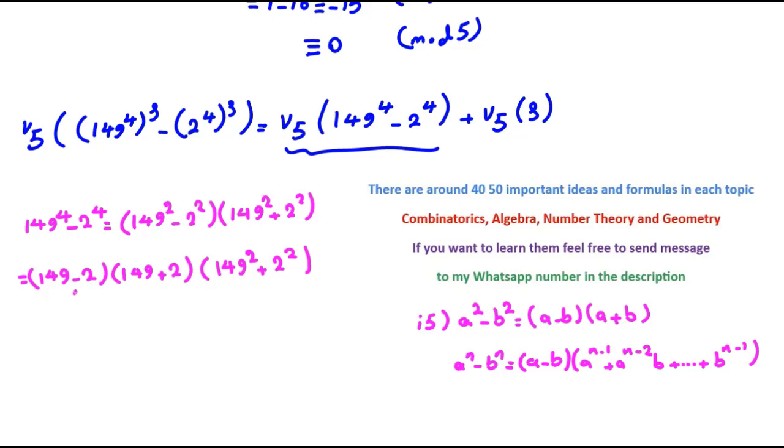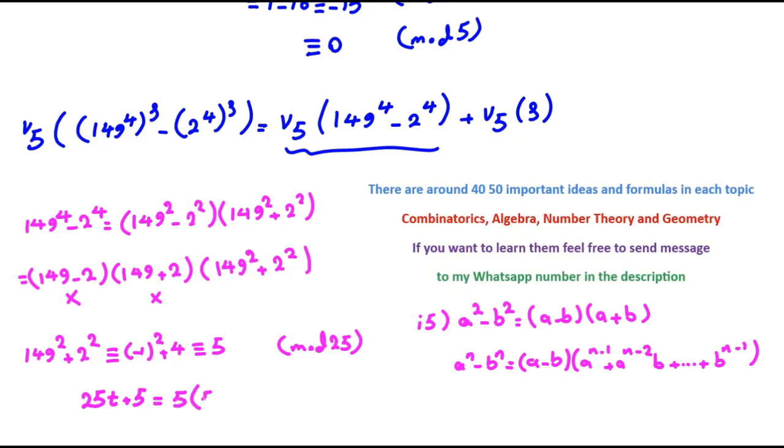This one is not a multiple of 5, this one is not a multiple of 5, so we should only focus on this. We can consider this number mod 25: 149 squared plus 2 squared. Mod 25 is what? It will be negative 1 squared plus 2 squared, which is 1 plus 4, 5. So it will be 25t plus 5.